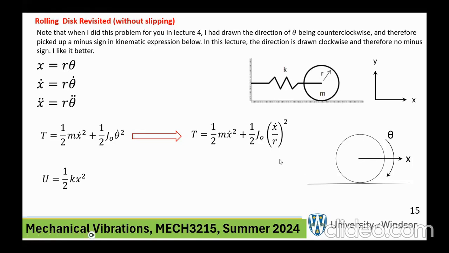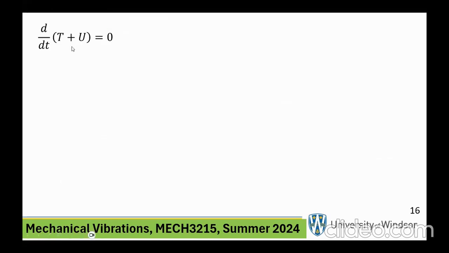So the sum of these two is going to be constant because there are no losses. Well, I really shouldn't say that there's no friction. There is friction because the ball is rolling. However, we are assuming there are no losses.